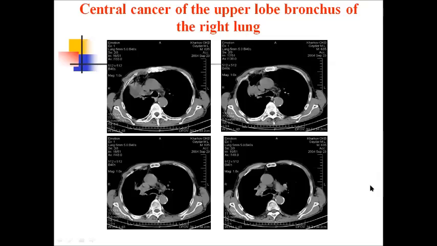Here is an example of central cancer of the upper lobe bronchus of the right lung. Here is the shadow of the tumor, which causes complete blockage of the upper lobe bronchus, and as a result, atelectasis of the upper right lobe.